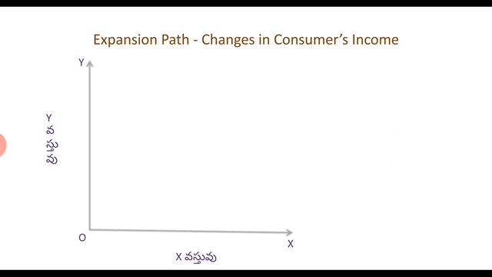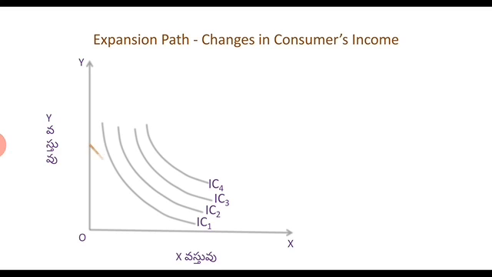Expansion path: when the consumer's income changes. If the consumer's income increases, the consumer gets more satisfaction with a higher combination.